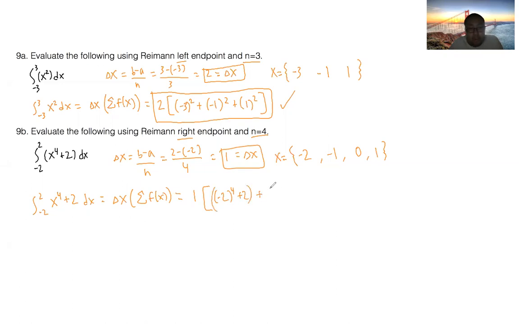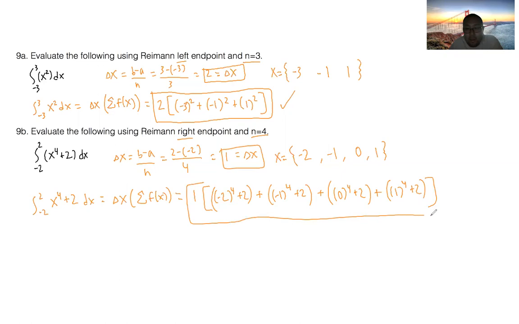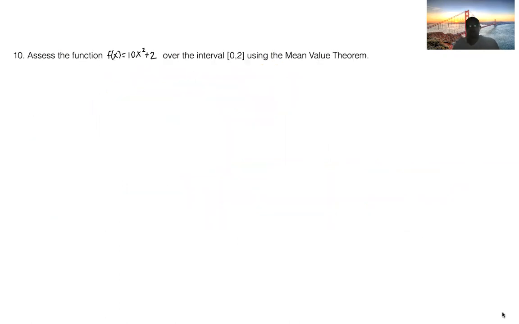You're going to add that to this, negative 1 to the 4th plus 2, plus 0 to the 4th plus 2, plus 1 to the 4th plus 2. And again, when you evaluate what's inside the bracket, multiply by 1, that will be your numerical answer. Okay? Last one, number 10.